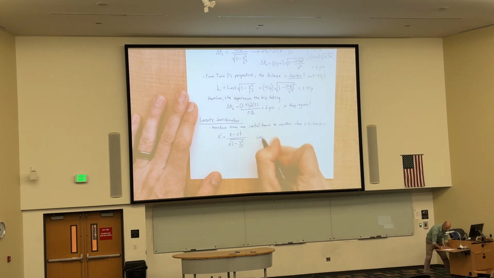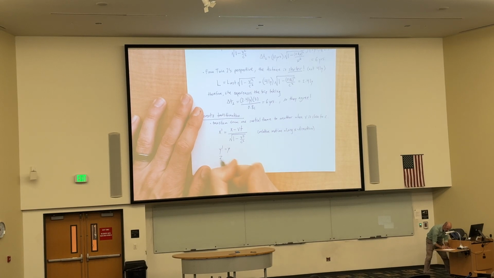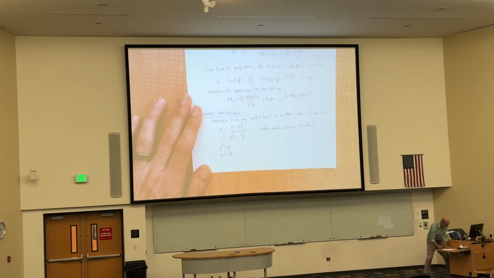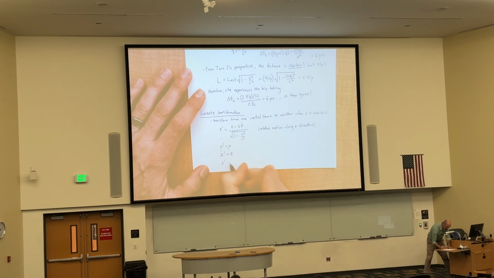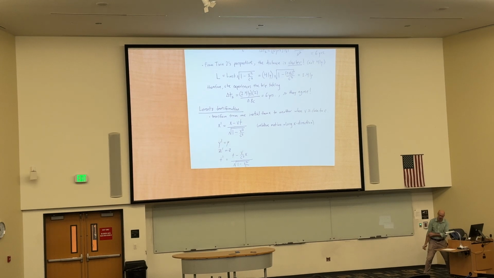So this is for relative motion along the x direction. y prime is still y, z prime is still z, and t prime is equal to t minus v over c squared times x, divided by the square root of 1 minus v squared over c squared. Sorry, I ran out of space at the bottom of the page.